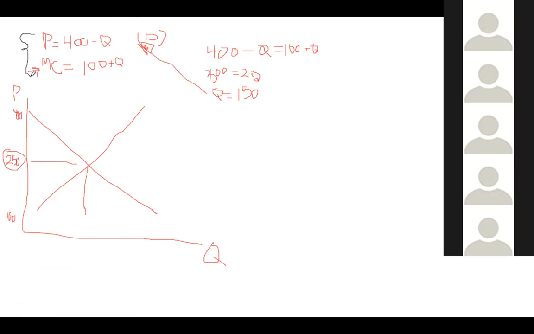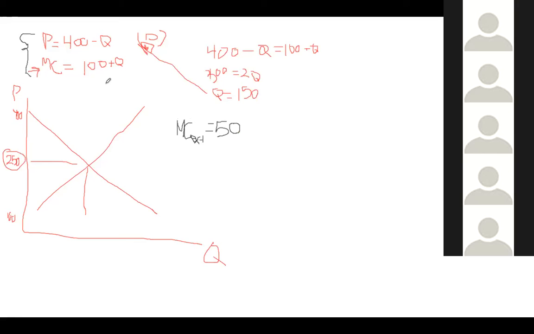Okay, so what's the social cost? 0.5. What's the social cost? It's 50. Okay, so we also know that marginal cost, and I won't say social, I'll say external here. The external cost is 50. Again, apologies for the handwriting.